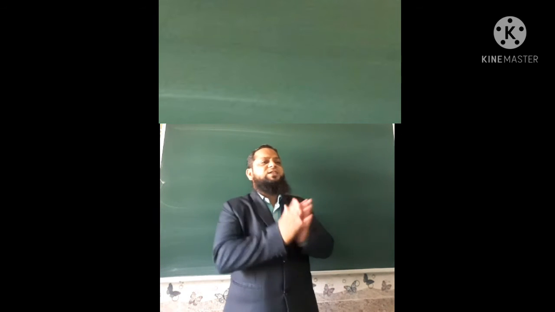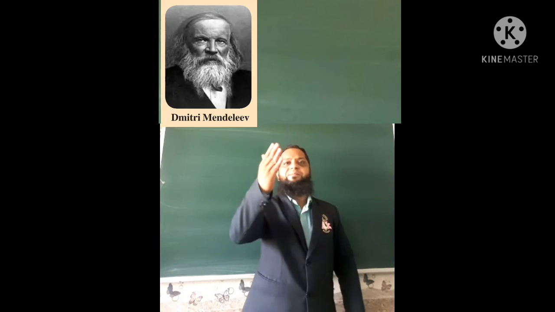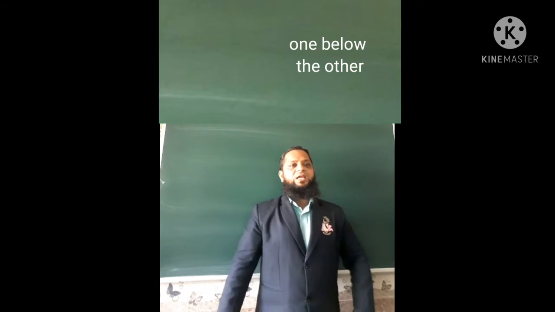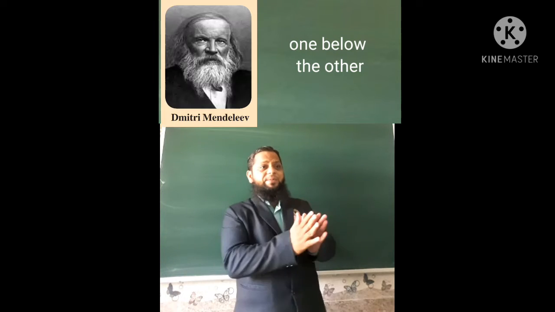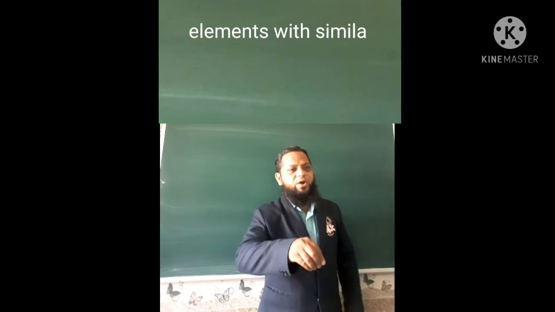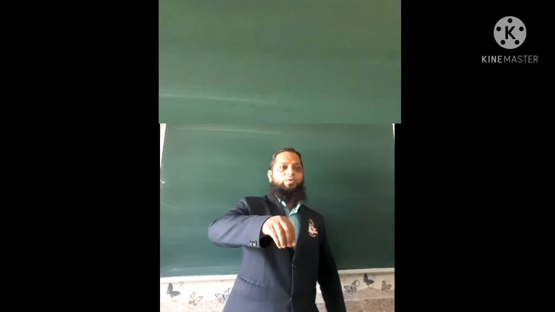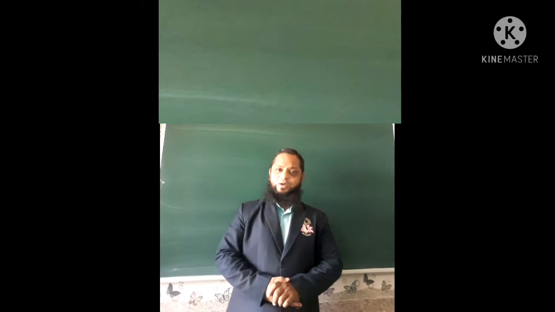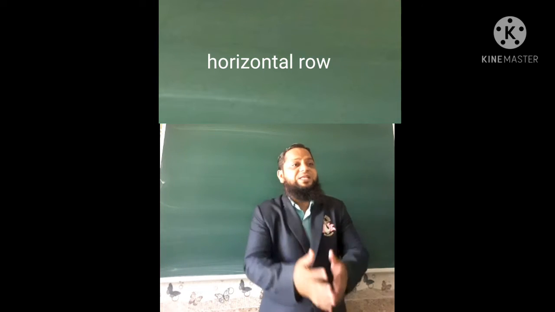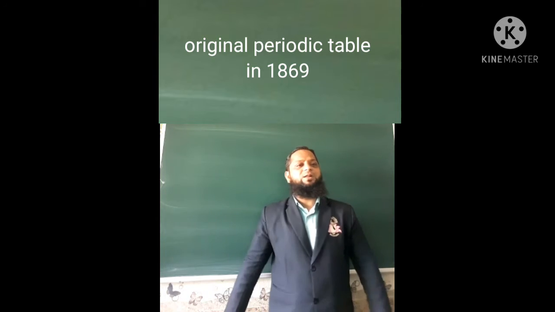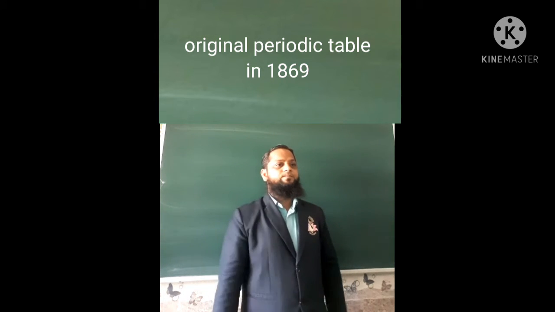Yes, dear children, Mendeleev initially arranged elements one below the other in the order of increasing atomic weight. Elements having similar properties are placed nearby. Elements with similar properties are found in the same horizontal row. Mendeleev's original periodic table was published in the year 1869.